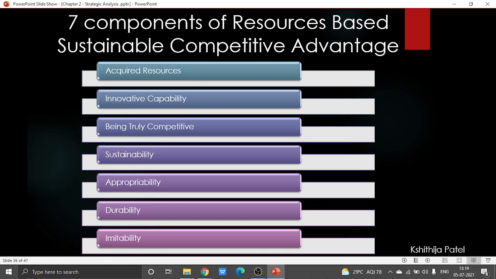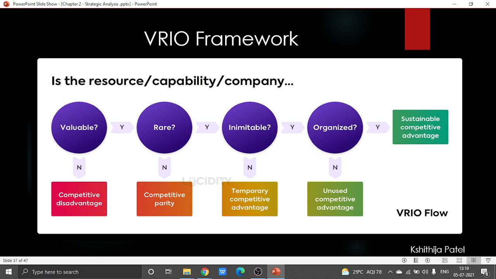The competitors should not be able to imitate those resources, and such resources can bring competitive advantage for the organization. And in doing so, we have the VRIO framework.